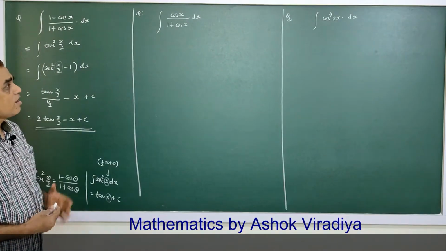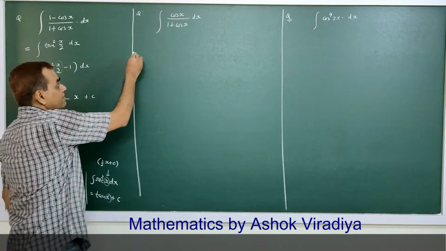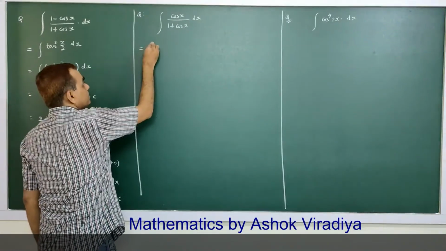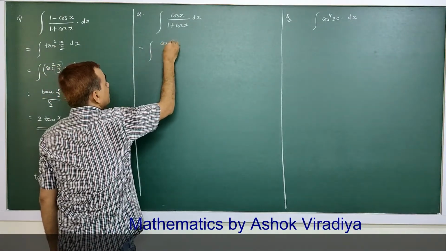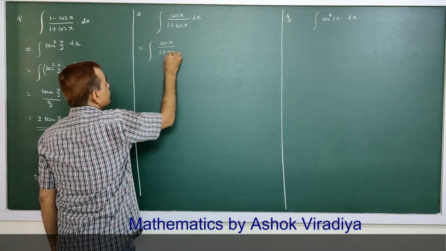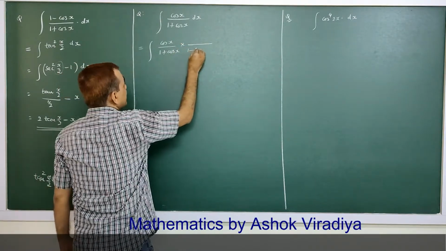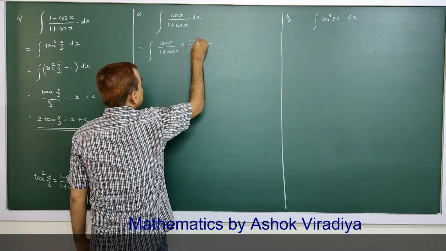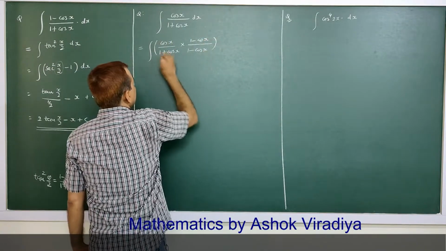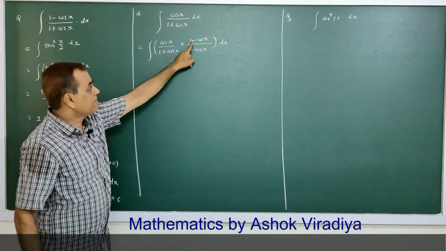Now here cos x upon 1 plus cos x. Whenever cos x upon 1 plus cos x or cos x upon 1 minus cos x is given, to convert this into integrable form, we multiply and divide by 1 minus cos x. If here plus is given, multiply and divide by minus.